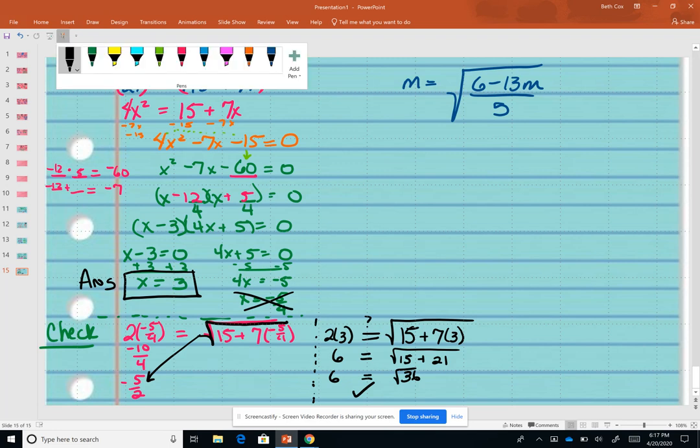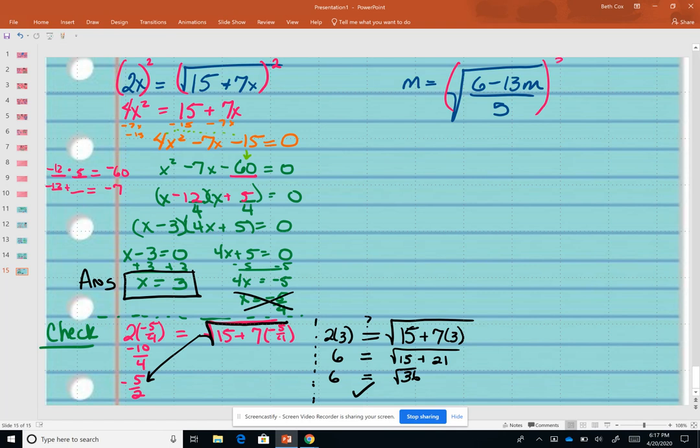The next one we have, again, step 1 is done, which is isolate the radical. And so now we need to raise both sides to a power. And so I have m to the second is equal to 6 minus 13m over 5.